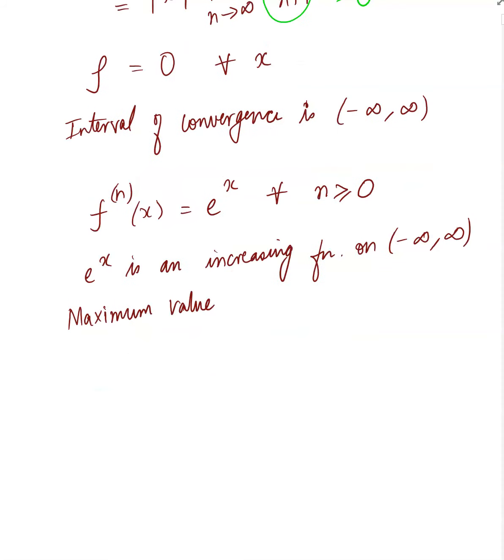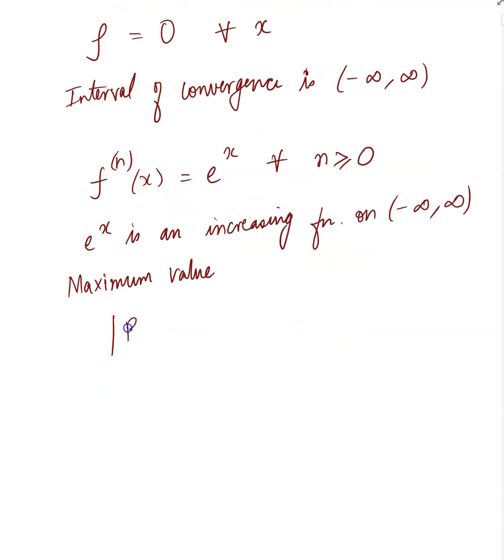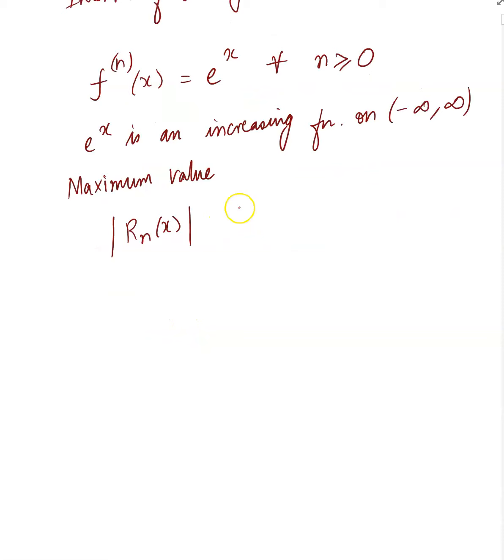So to find the maximum value, we use the absolute value of Rn of x. So this has to be less than or equal to M over n plus 1 factorial times the absolute value of x to the power n plus 1, right? So think about this. What could be that M?